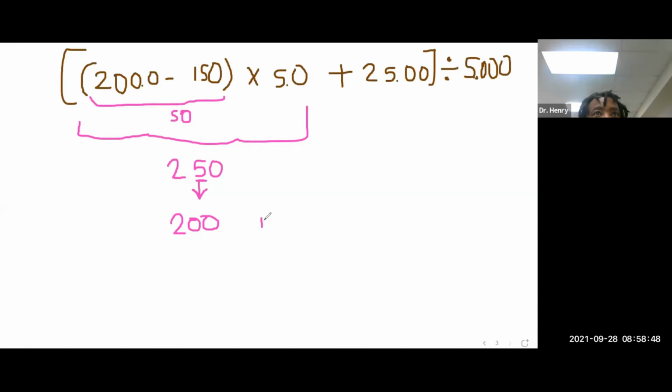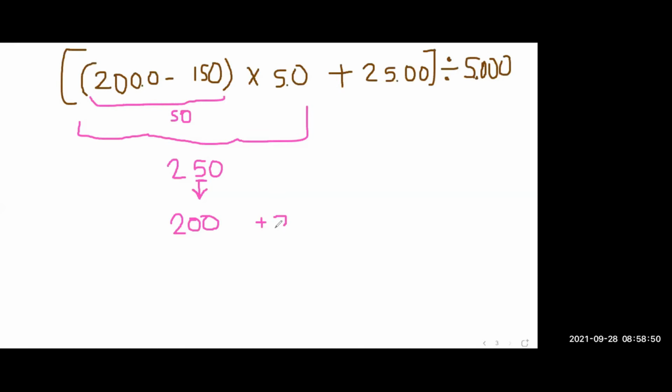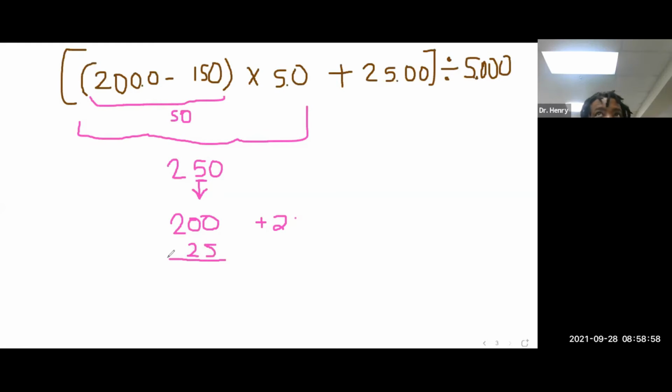So if I add 25 to that, 25.00. Okay, so where would I draw the line here? Where would the lines be drawn?